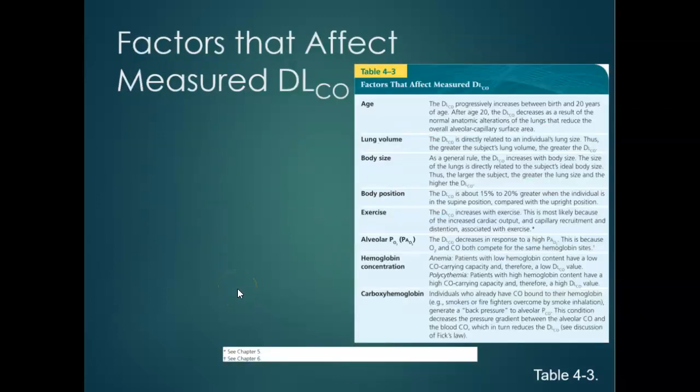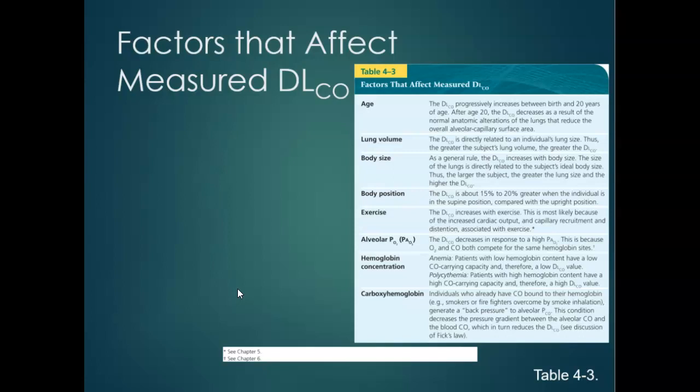Okay. So as I mentioned, we use carbon monoxide in pulmonary function labs, and we do a test called the diffusion capacity of carbon monoxide test, or DLCO test. This measures the amount of carbon monoxide that moves across that AC membrane into the blood in a given time.